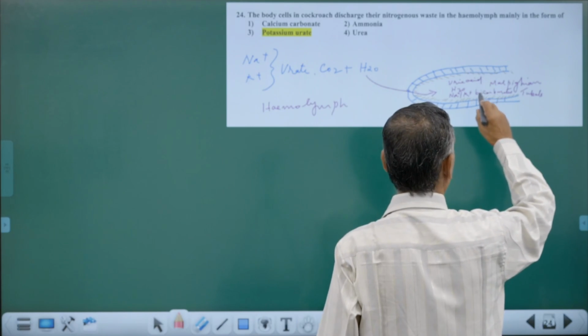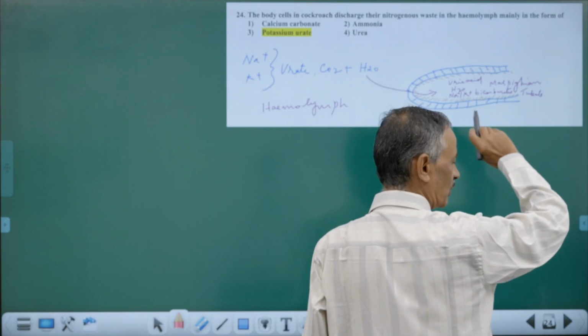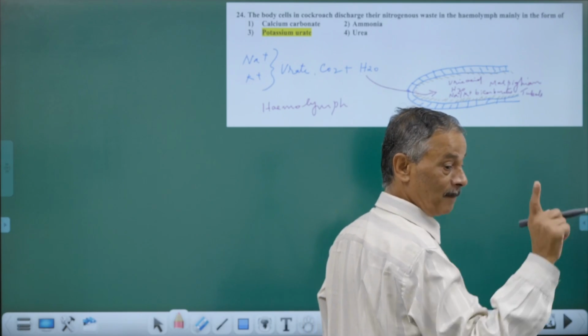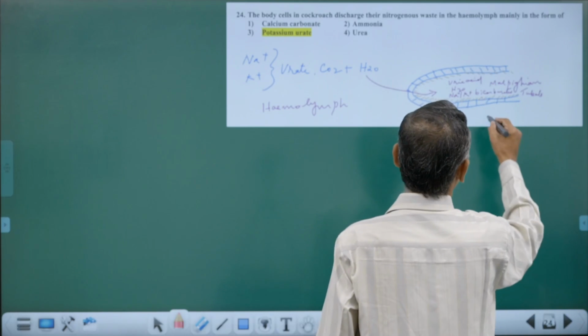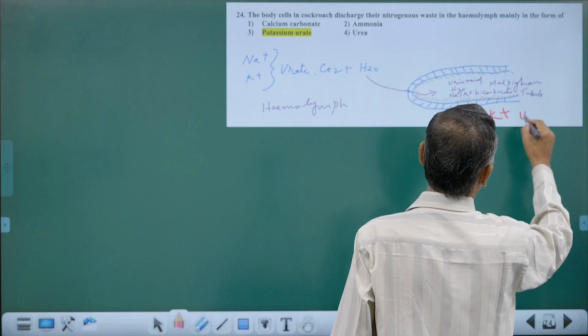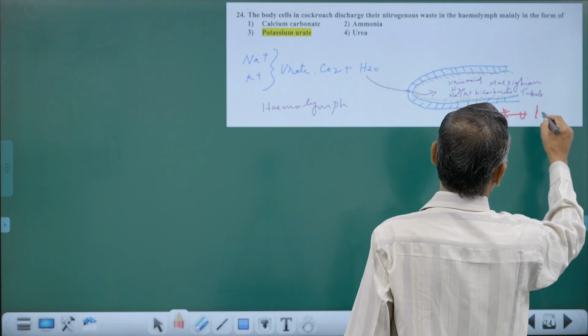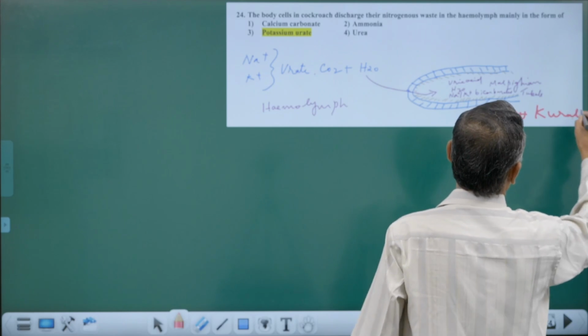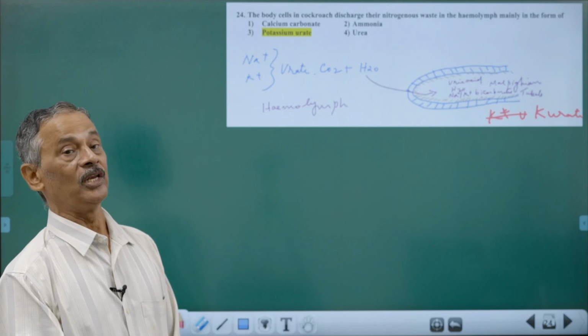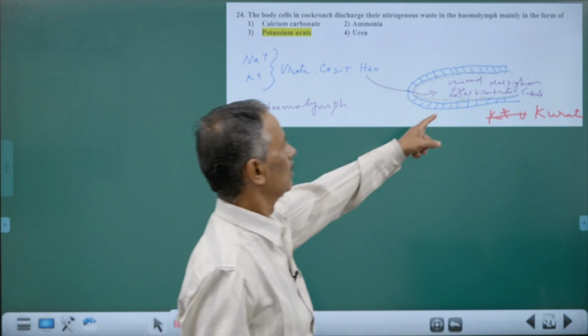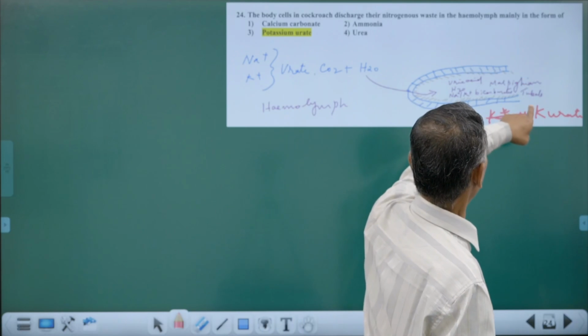Uric acid will react with the potassium bicarbonate and form potassium urate. So, mainly it is in the form of potassium urate. Waste material will finally be formed within the Malpighian tubules.